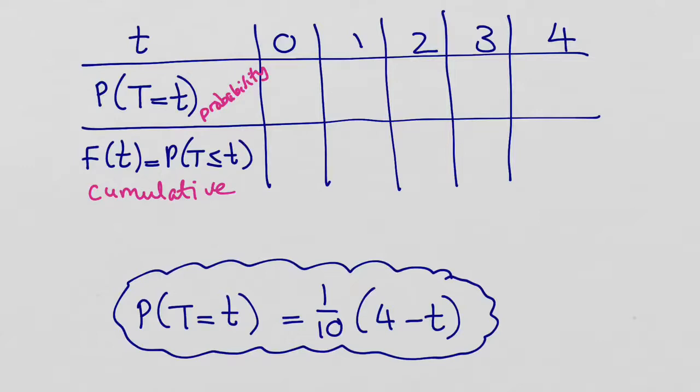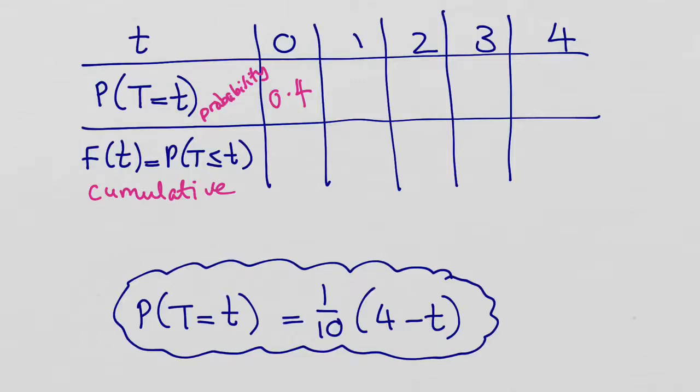So if I put 0 in here, 4 take away 0 is 4, times by a tenth, well that gives me 0.4. There we go, lovely. If I do it for the others, let's plug 1 in. 4 take away 1 is 3.